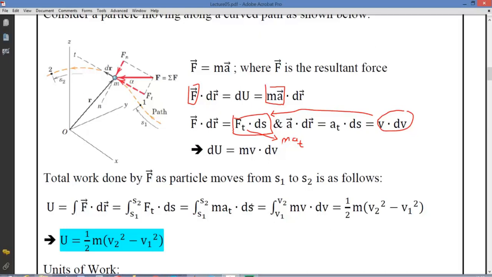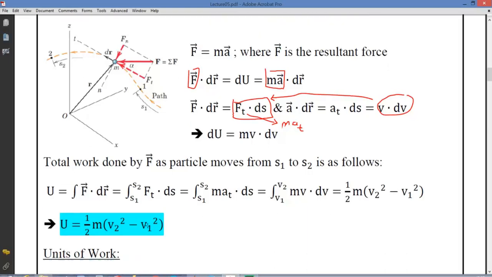Instead of at times ds, make use of v times dv, and then as a result of that we get 1/2 m (v2 squared minus v1 squared), and this tells us that the total work done on a particle results in the change of its velocity.